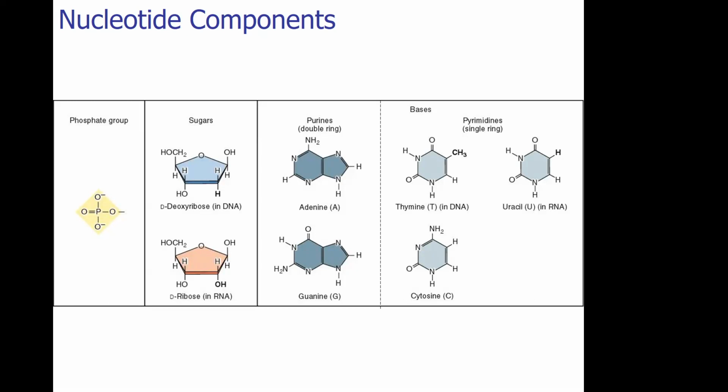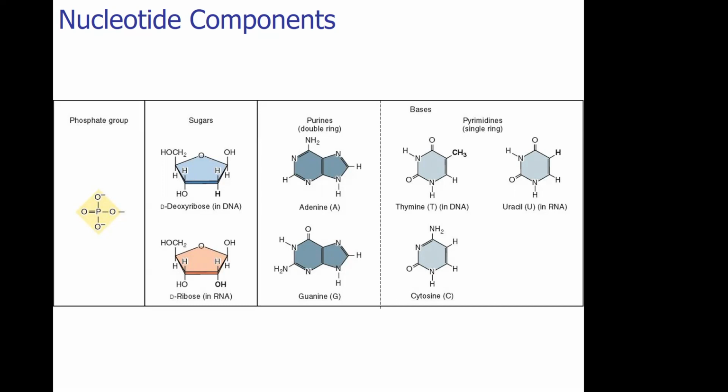Another common misconception is that thymine is not present in RNA. Oh, yes, it is. And uracil is not present in DNA, and that's kind of correct. It gets there sometimes by accident. That's a problem, and the DNA has to be repaired. So it's not supposed to be in DNA because it can cause problems, but it can get there.